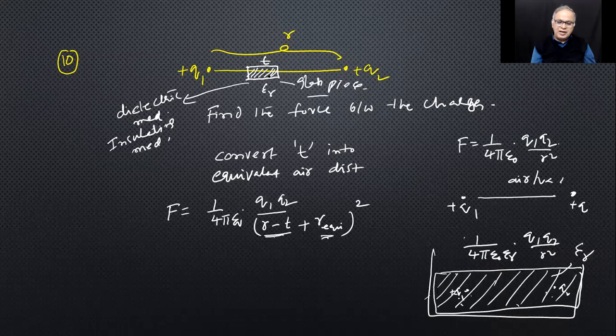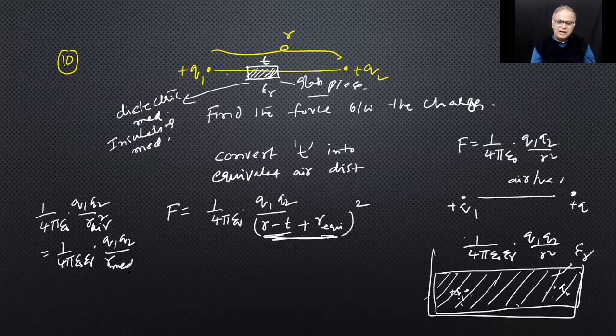How do you find the equivalent air distance? All this is now air distance. R minus T is anyway air distance, but if I can convert this part also into an equivalent air distance. What is equivalent air distance? It is the distance which would cause the same force as in the medium T, which we did previously: 1 by 4 pi epsilon 0 Q1 Q2 by R air square equals 1 by 4 pi epsilon 0 epsilon R Q1 Q2 by R medium square.